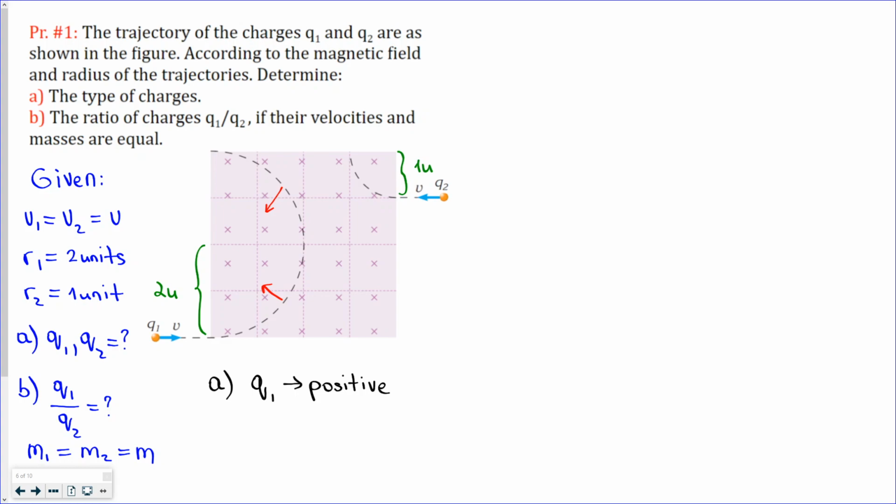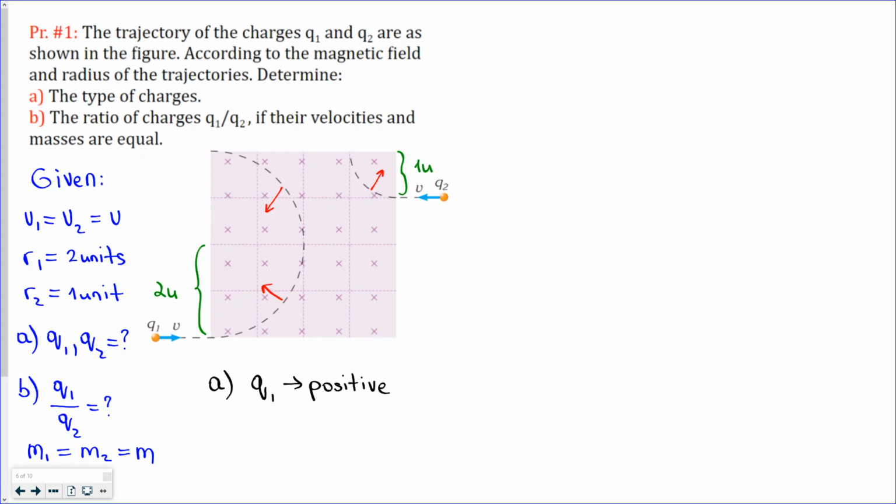Let's look at the second charge. So we see the bending, the charge bent to the upright. So it means the force must be directed to the center also. Let's use the right-hand rule. The fingers must show the direction of the field, the thumb the direction of the velocity.